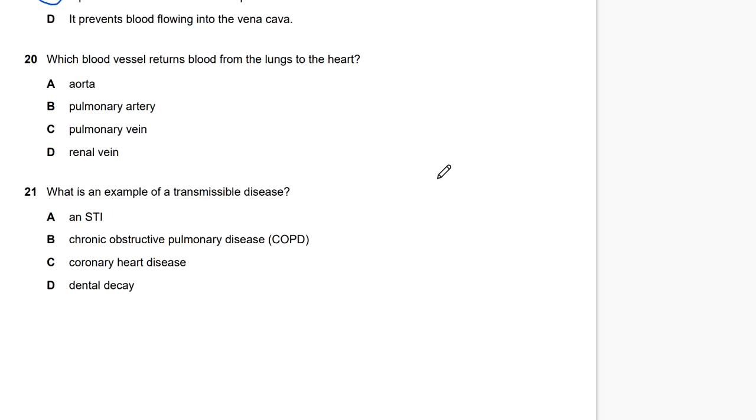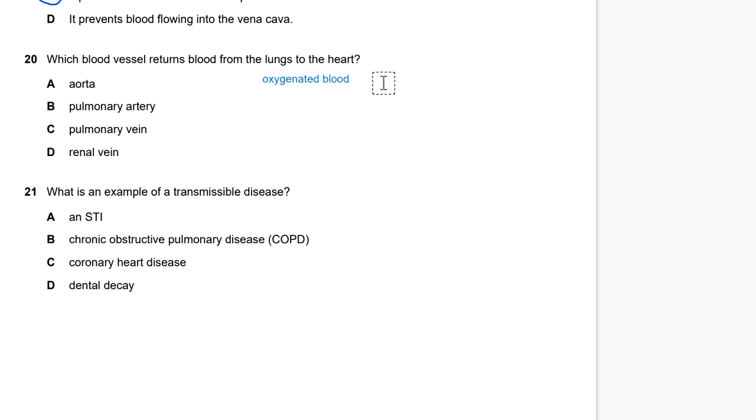Which blood vessel returns blood from the lungs to the heart? If it comes from the lungs to the heart, it means that the blood is already oxygenated. When we say oxygenated blood, it already contains oxygen.